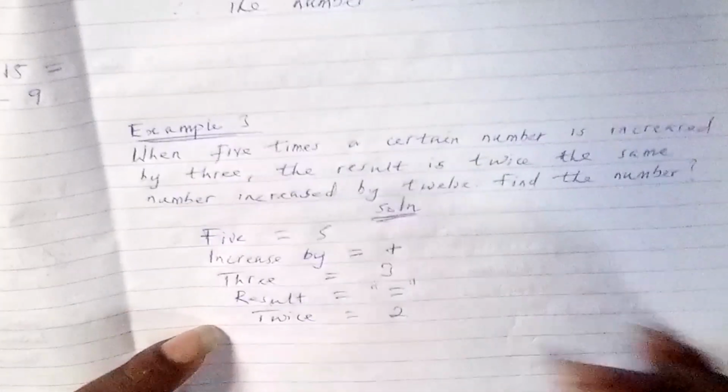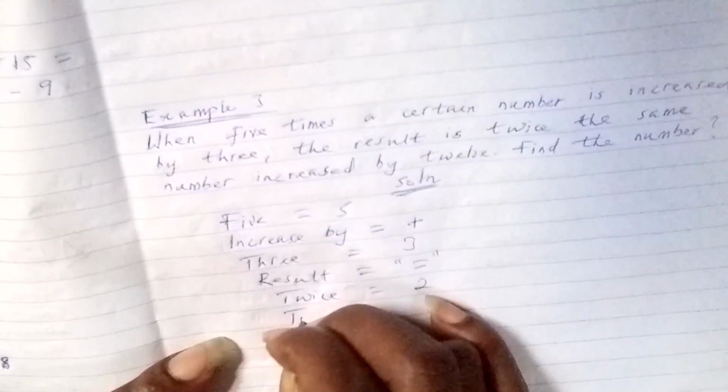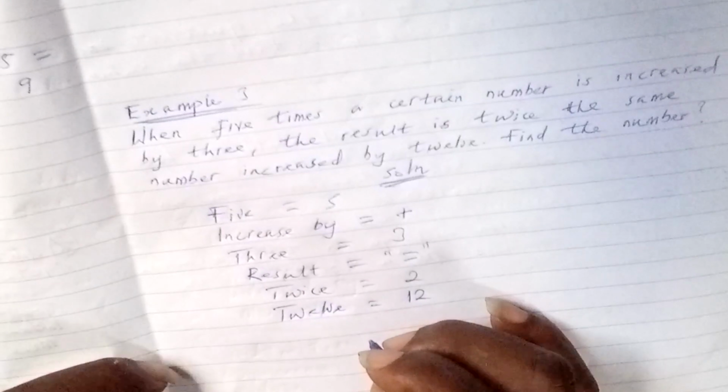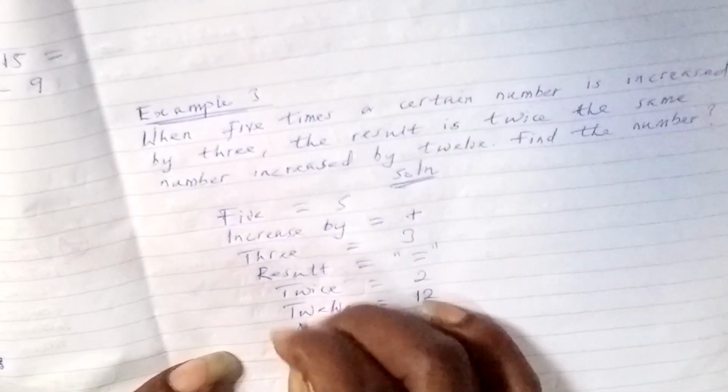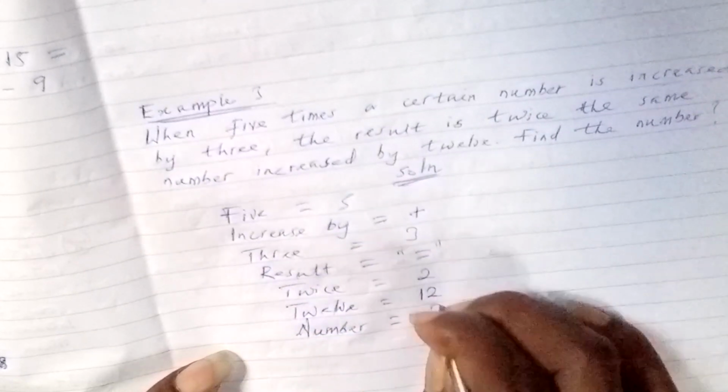Then it is twice the same number increased by 12. So 12 is equal to 12. Then finally the number. Remember, we don't know the number, so we represent it by a question mark.